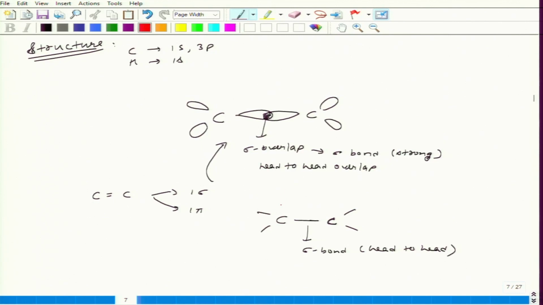Now, how is the pi bond formed? There is another p orbital it has. These lobes interact with each other, and this gives a pi bond.